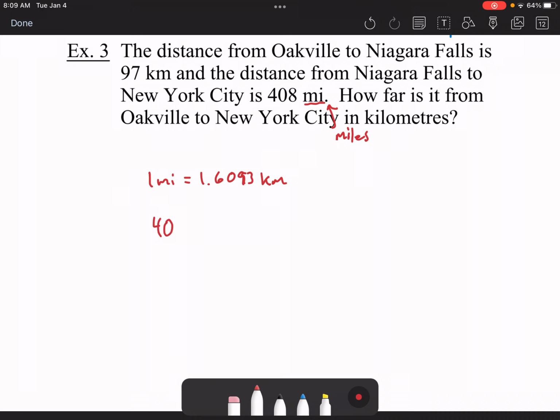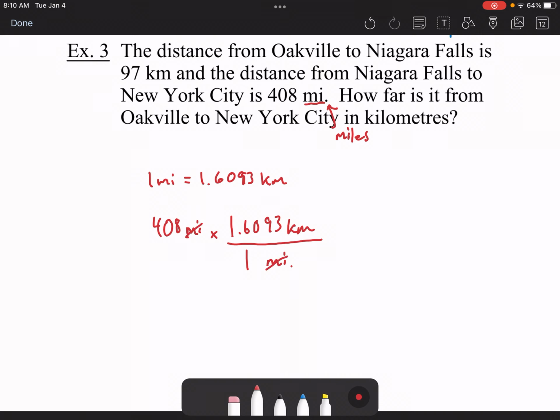So here we have 408 miles times 1.6093 kilometers divided by 1 mile. And this is why I think it might be easier. I can do a straight multiplication instead of division.